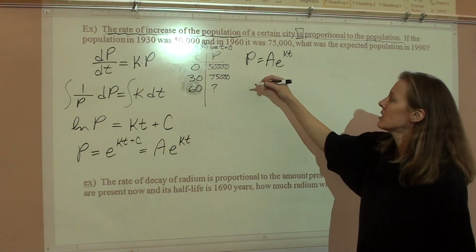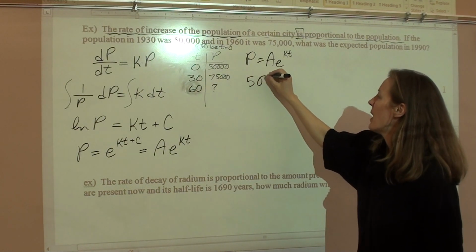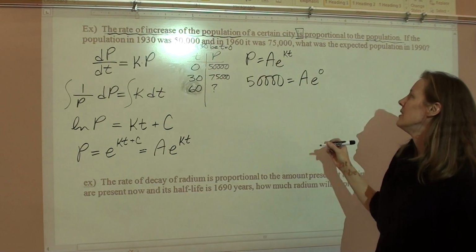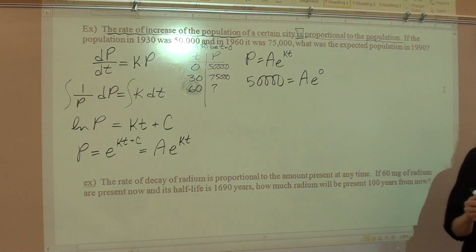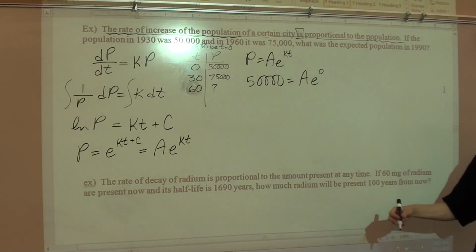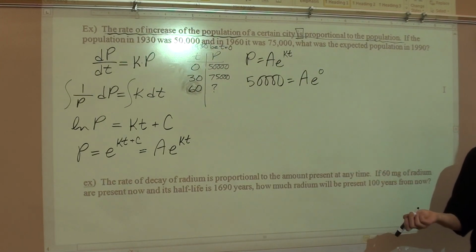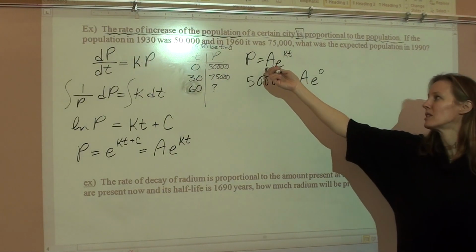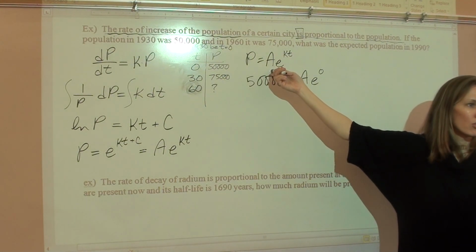All right, so here we go. I'm just going to plug in. So my population is 50,000 when my t is 0. Hey, e to the 0 is just 1. So that means my a is 50,000, which makes sense because this is always the initial value when you're using this formula.